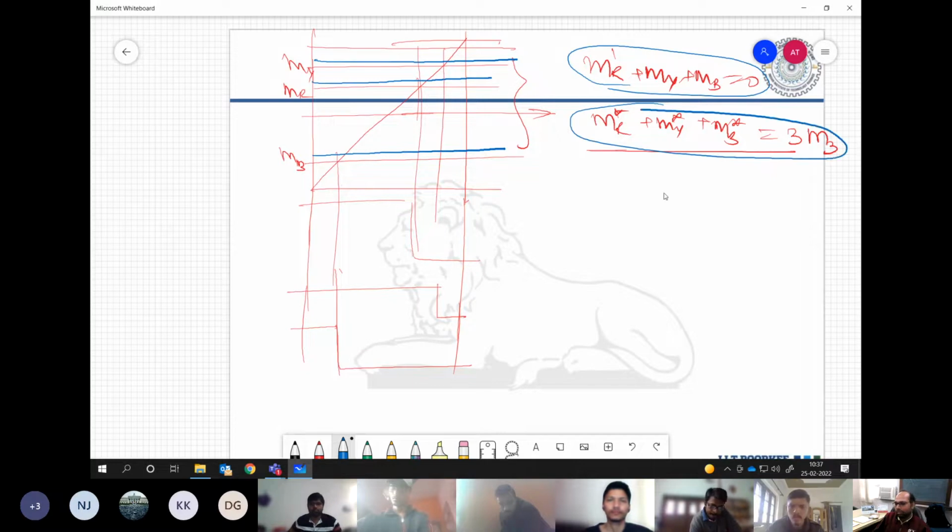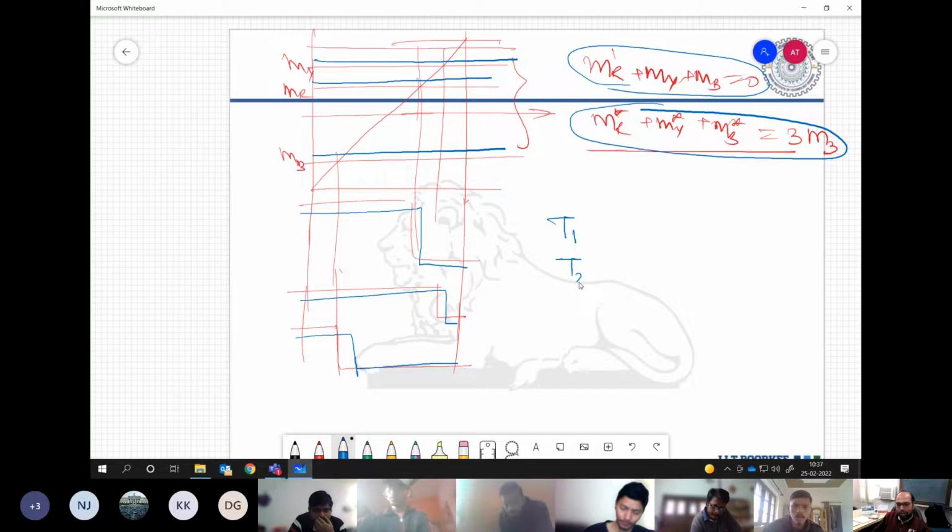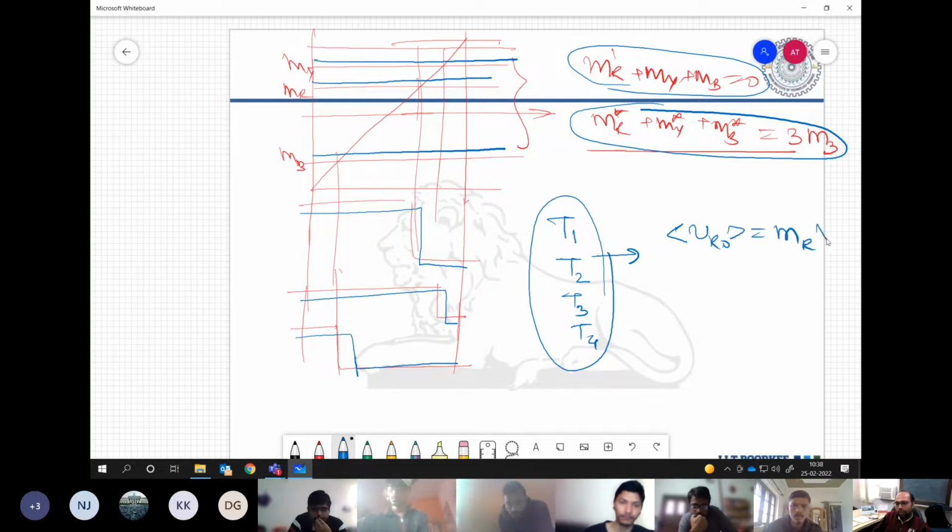Actually, it will be this. And so effectively, your intervals will change. So only difference you will see in T1, T2, T3, T4, but this will be arranged such that still you are realizing the same VRO, which is MR VDC by 2.